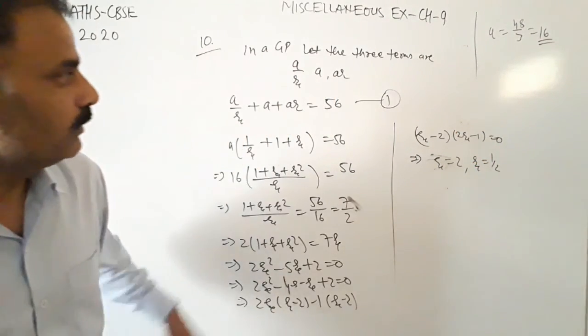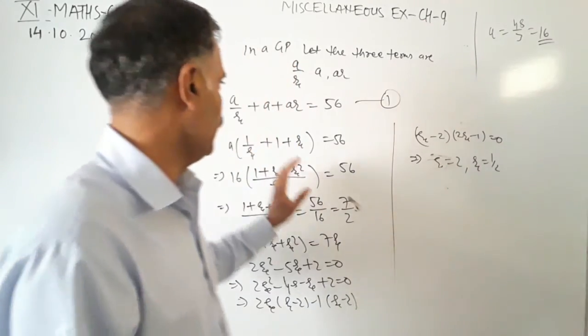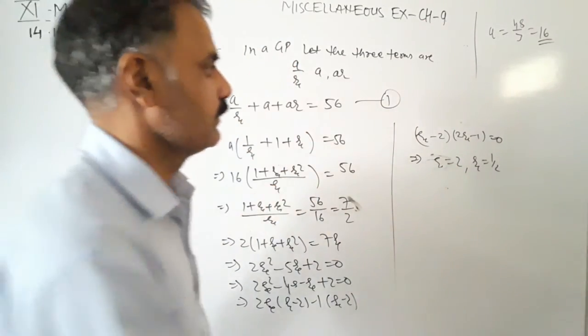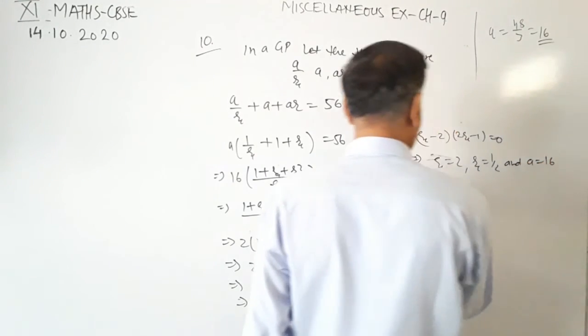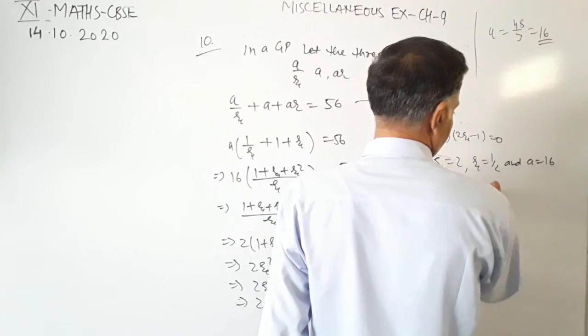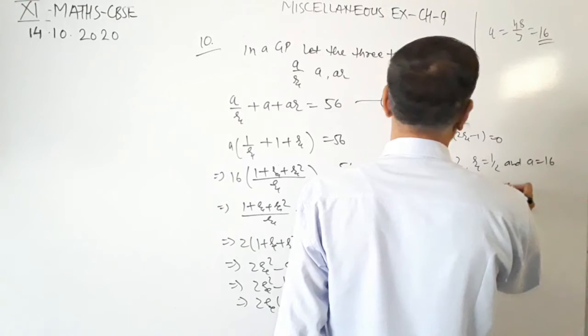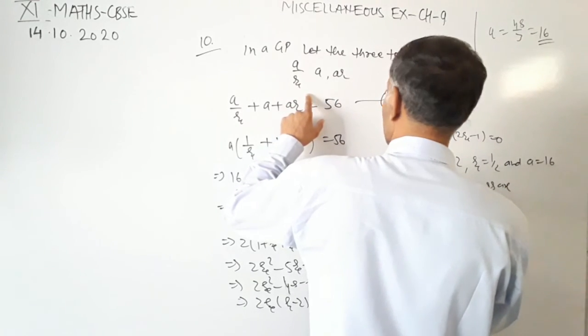So the common ratio is 2 or 1 by 2, and the first term is 16. So the three numbers are A upon R, A and AR.